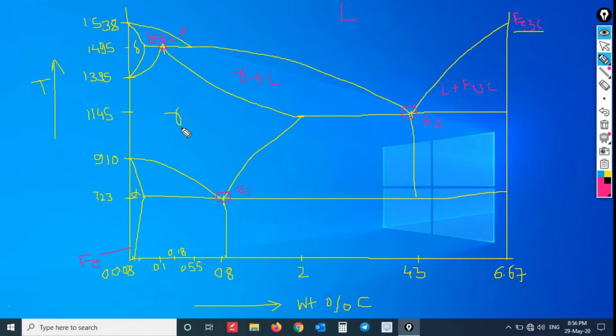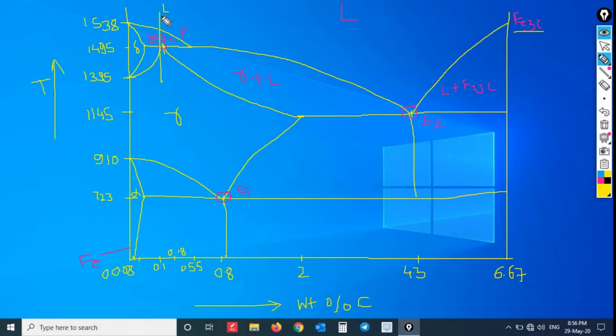Now let us consider 0.18% of carbon. If you see here, here is your liquid.